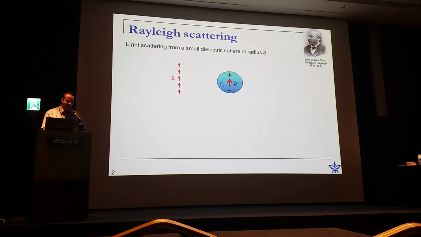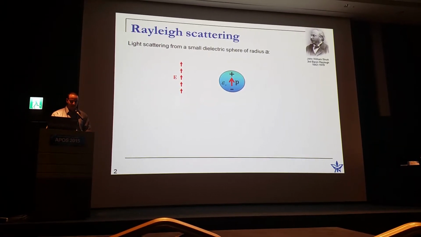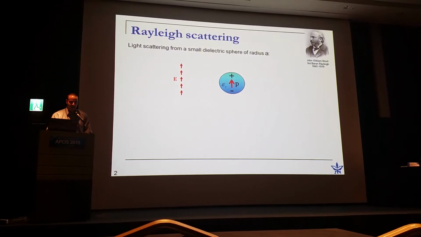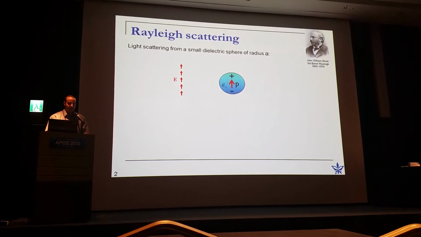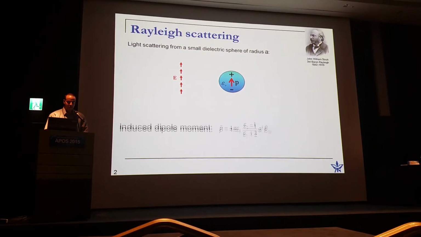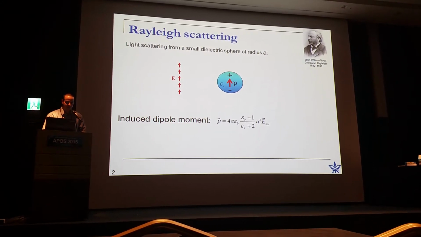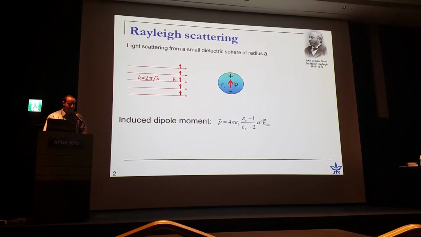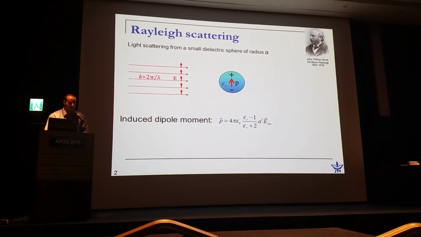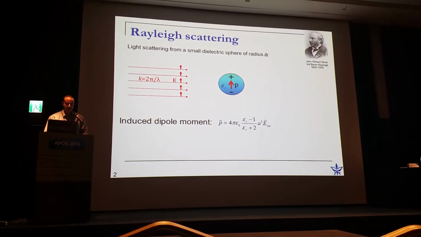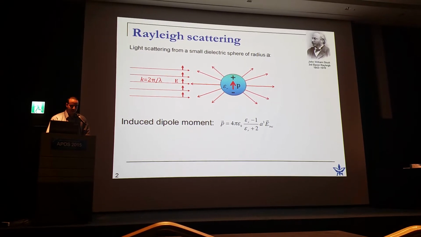So briefly on Rayleigh scattering, you all know that if we place a dielectric sphere in a constant electric field, it will generate an electric dipole which is proportional to its volume and is a function of the dielectric constant. If placed in an oscillating electromagnetic field, it will radiate.